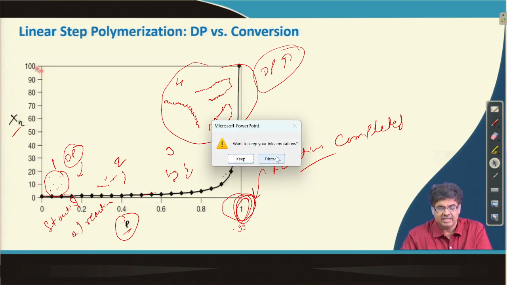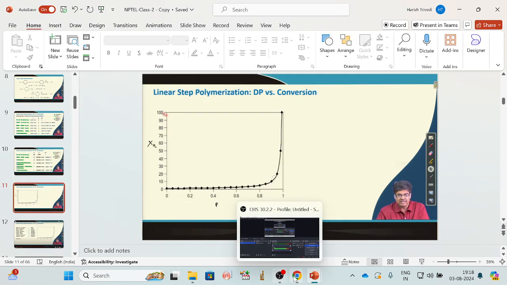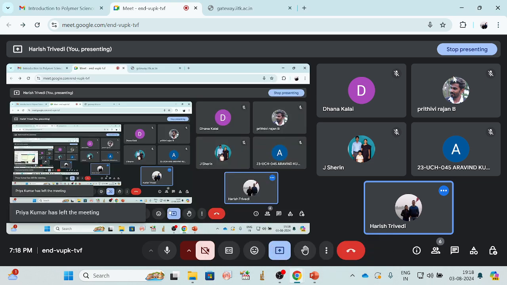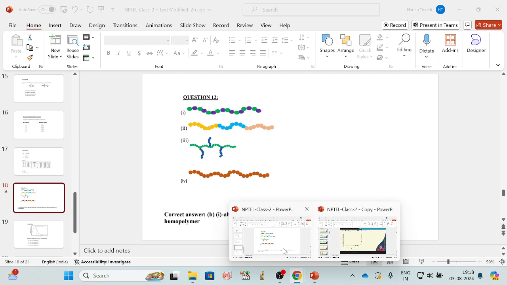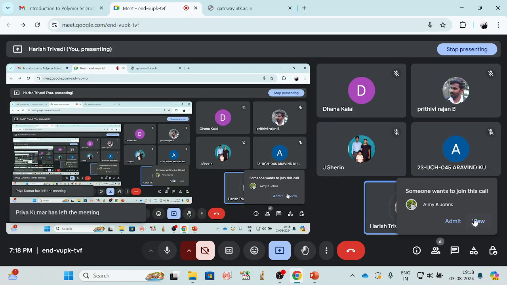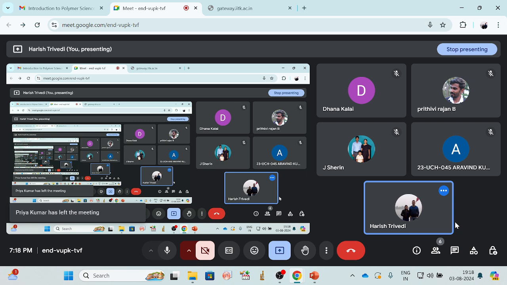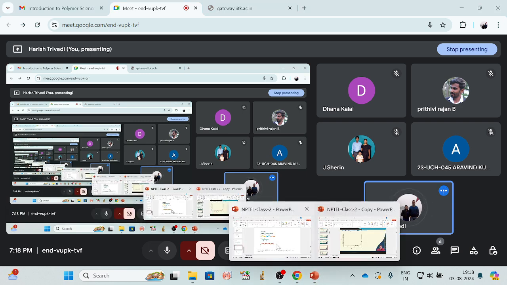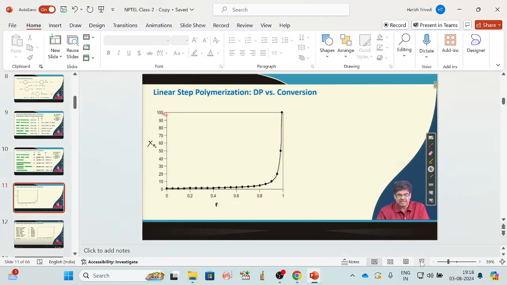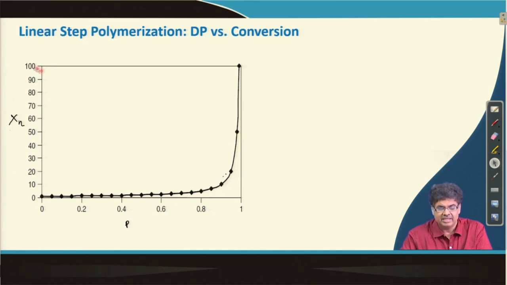Let me check if somebody is in the waiting room. Nobody in the waiting room. Okay, so is it clear? Student, tell me, is it clear? Otherwise, if I move further, it will be very complicated. Is this concept clear or not? Why is the degree of polymerization increased at the end of the reaction or at a higher conversion rate?